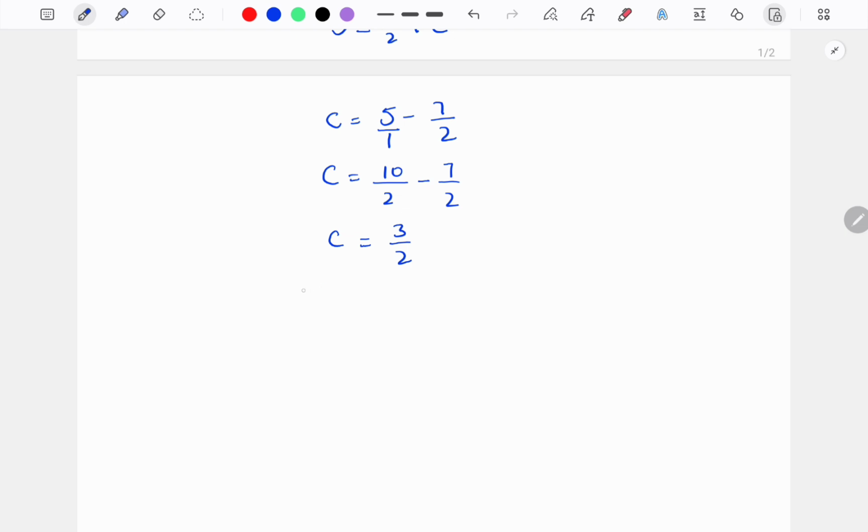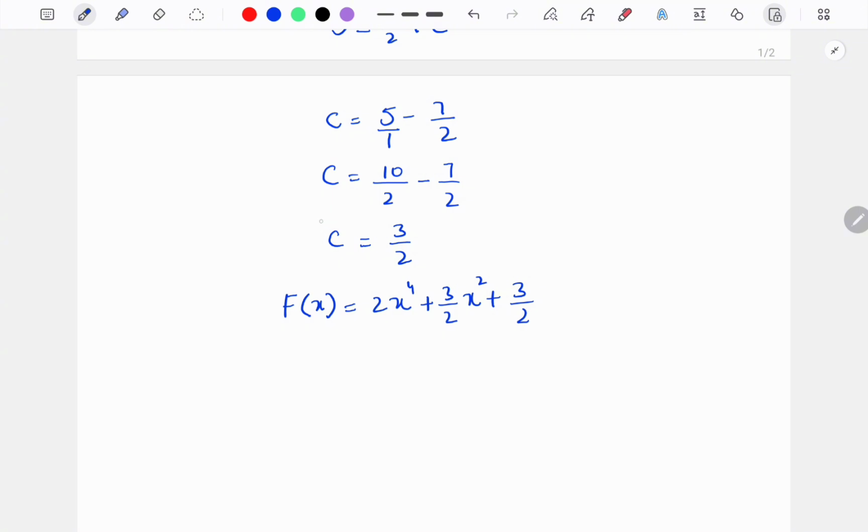Hence, our final expression will be F of x is equal to 2x to the power 4 plus 3 over 2 x to the power 2 plus 3 over 2.